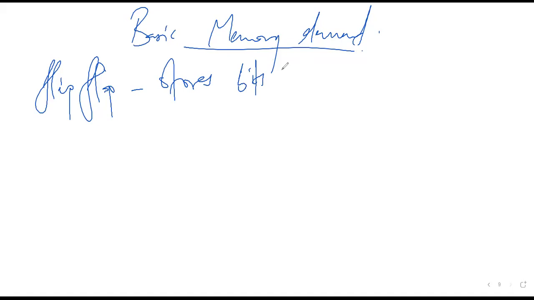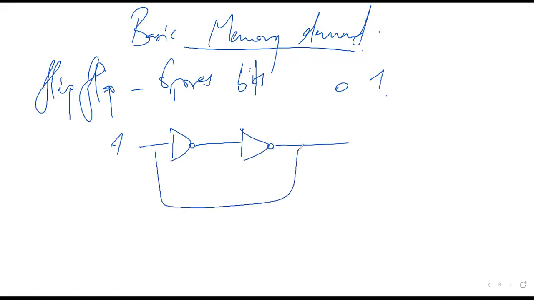How can we store a bit? For example, our bits are zeros and ones. So this is 1 bit. We have a circuit like this. We have our feedback here.